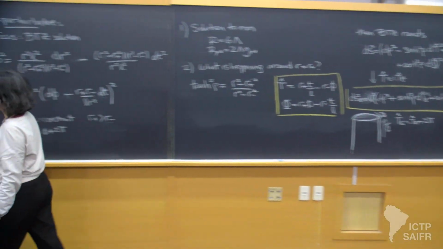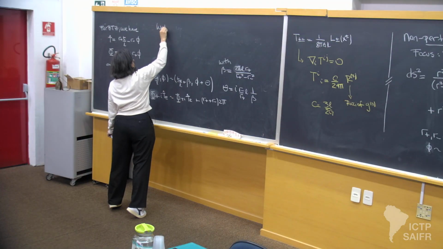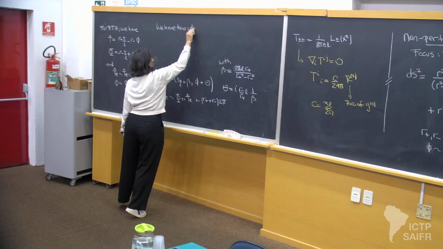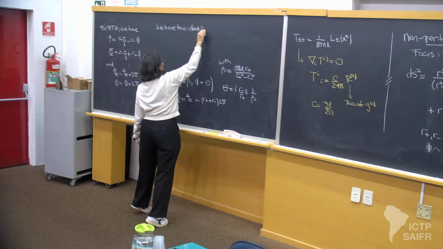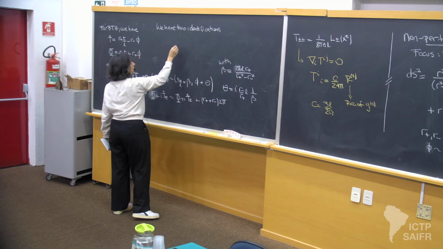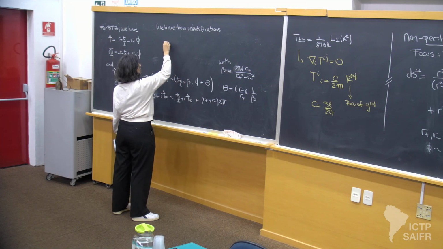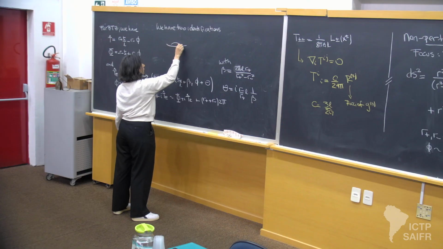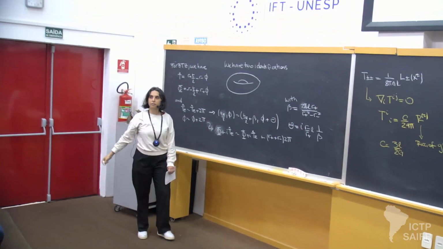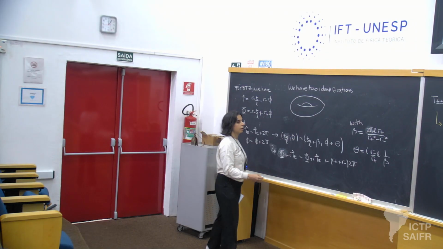So we have 2 identifications, and instead of drawing a cylinder, I should be drawing a solid torus, okay?